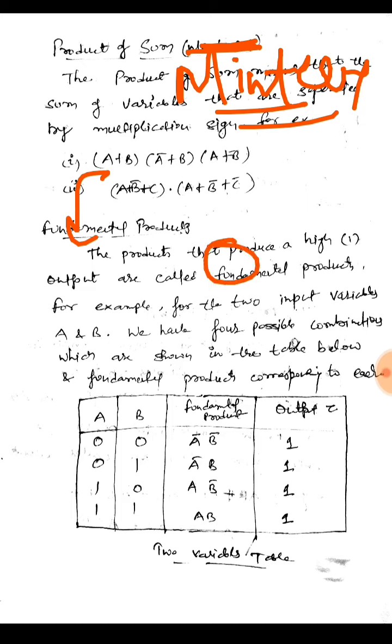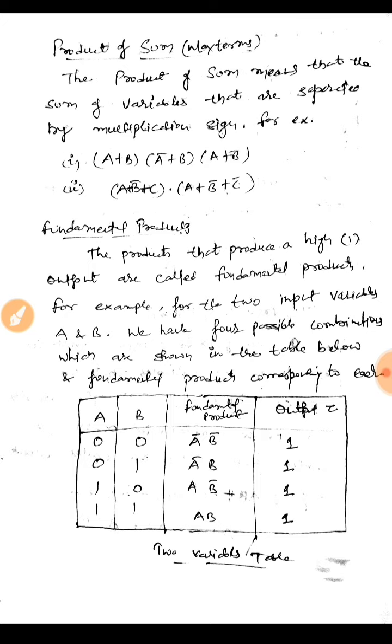We will see how. All the min terms will have a logical value 0. So these are called the product of min terms, or product of sum form. The product of sum means the sum of variables that are separated by a multiplication sign.